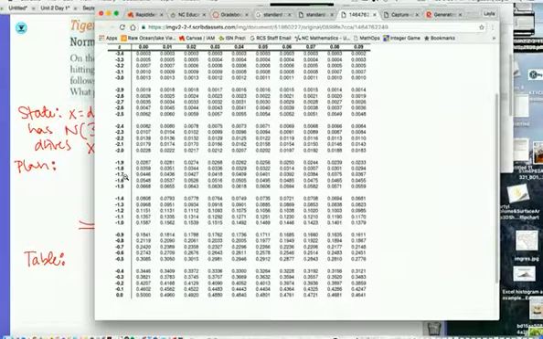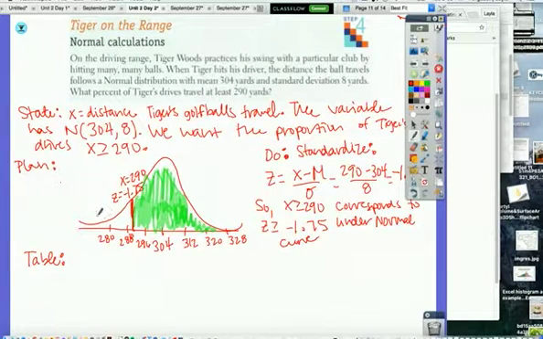I'm going to go to negative 1.7 and go over to where 5 is, and that would be 0.0401. That would basically be all of this. And so that means that approximately 4% of his drives travel less than 290 yards.